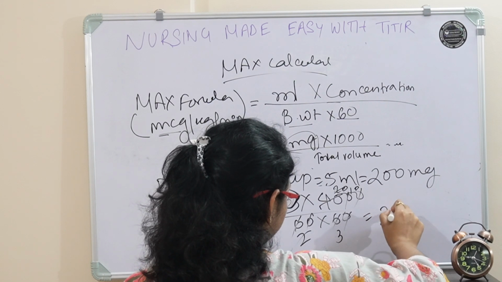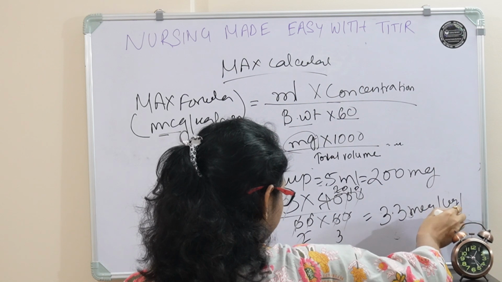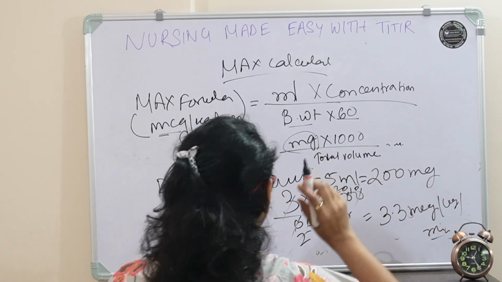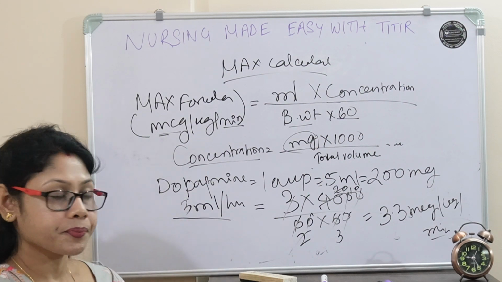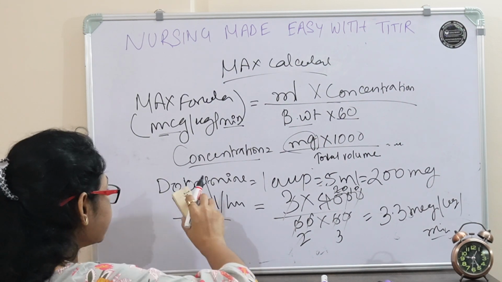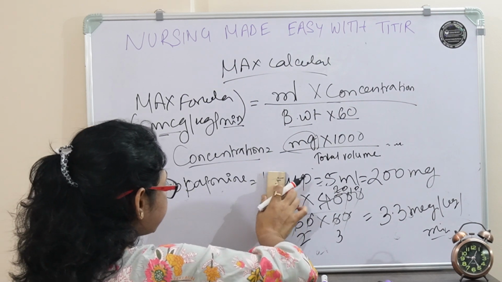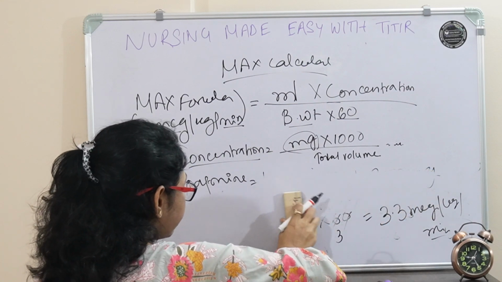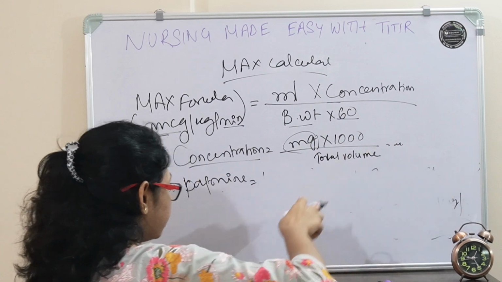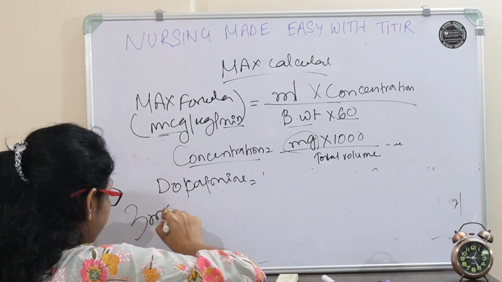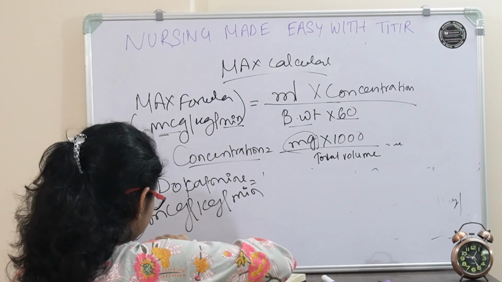It will come around 3.3 mcg per kg per minute is the maximum dose if we start the dopamine at 3 ml per hour. Let's assume for dopamine we got the advice in max, like the doctor advises you to start a 3 mcg per kg per minute dose.